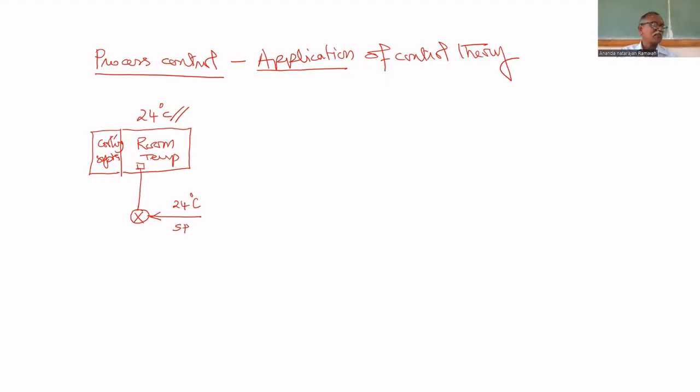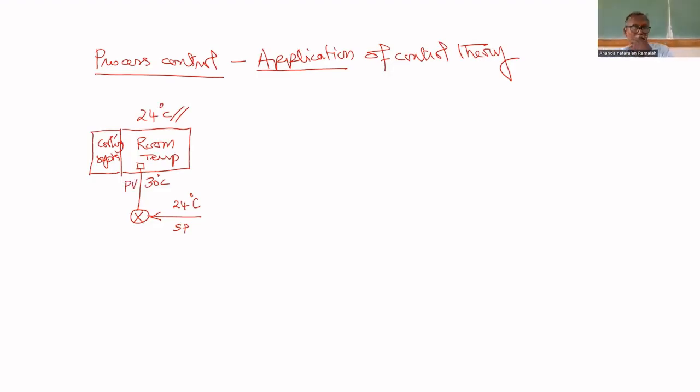Most of the terms will be new. So you want to maintain at 25 degrees centigrade means that 25 degrees centigrade is called the set point. The present temperature may be 30 degrees centigrade. That is called process variable, PV.